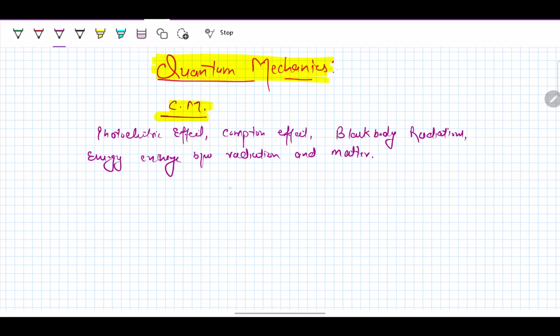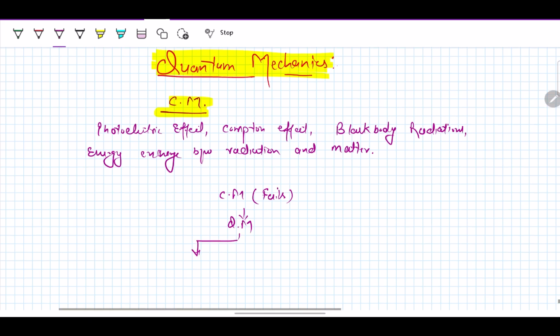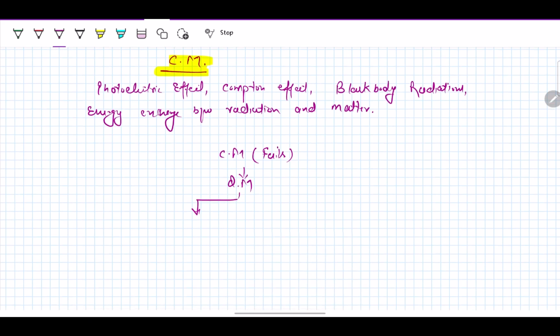Okay, so on the failures of classical mechanics, there is origin of quantum mechanics. All right, and also quantum mechanics is of two types: old quantum mechanics and new quantum mechanics.